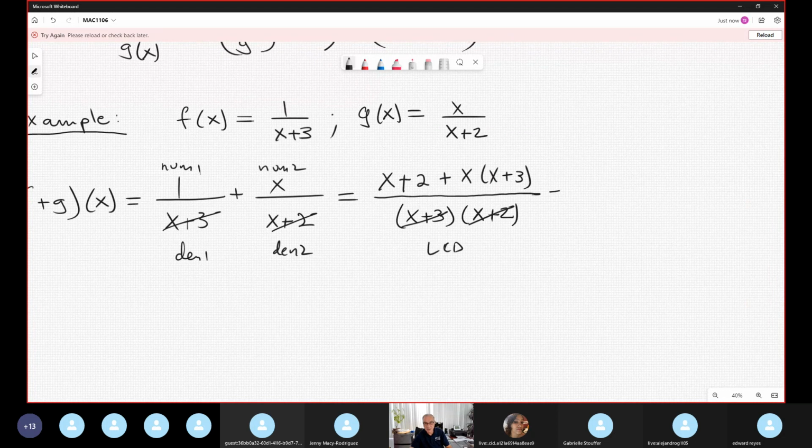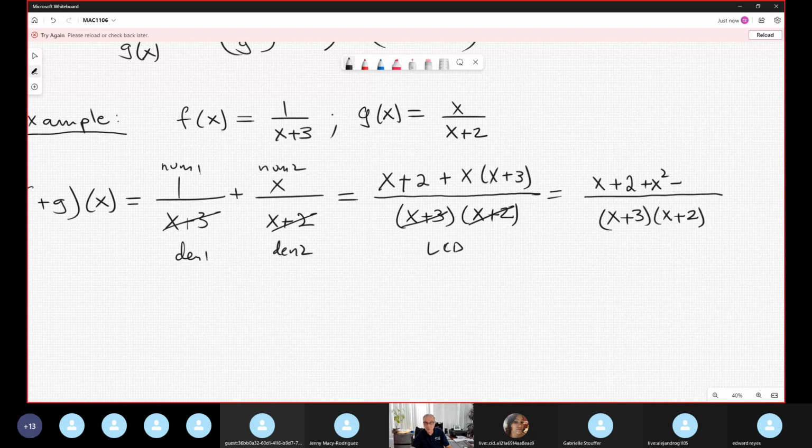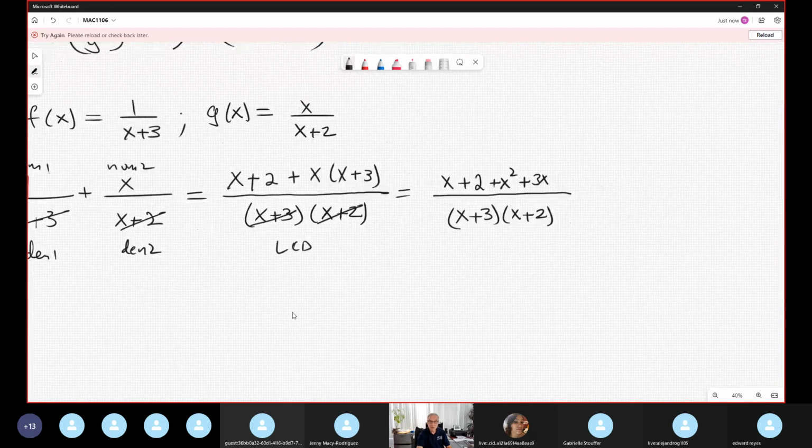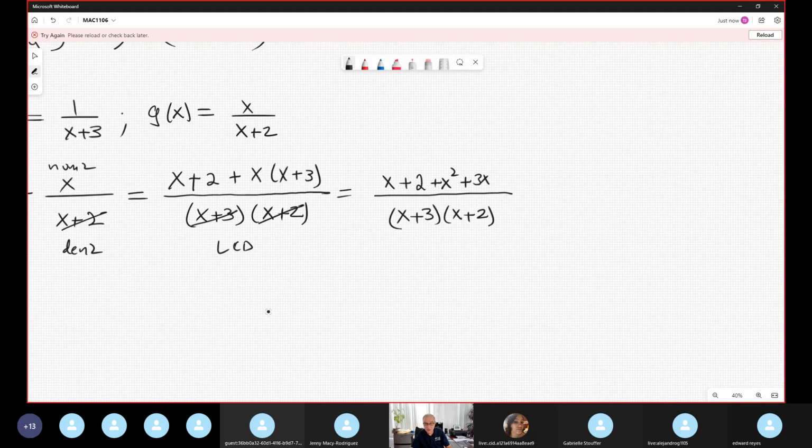Now, leave it like that? No. Let me try to eliminate parentheses and combine like terms if it's possible. So it's x plus 2 plus x squared plus 3x. Oh yeah, we can combine like terms and organize in descending order of degree to see an elegant answer.